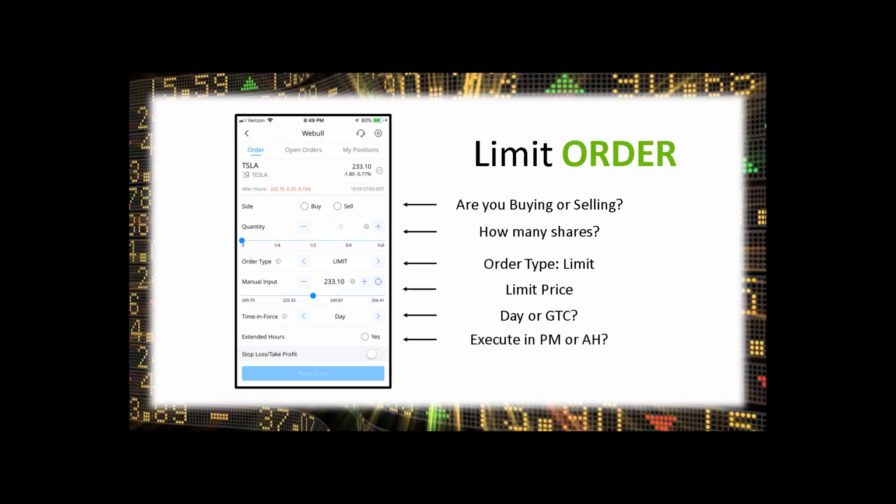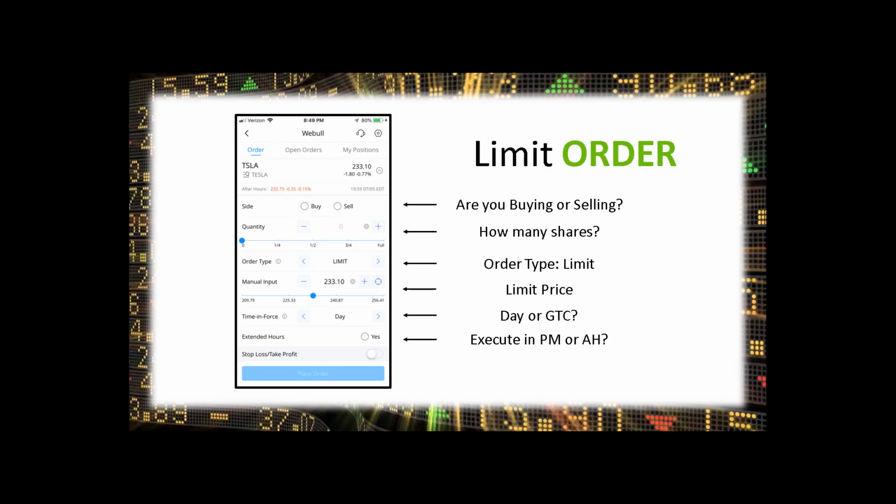And this is different too. Extended hours allows this order to execute in pre-market or after hours. So remember, the market order can't do that. So this is not an option on that market order. On the limit order, if you want it to execute early in the morning, as I was talking about a moment ago, you would need to select good till canceled and extended hours.